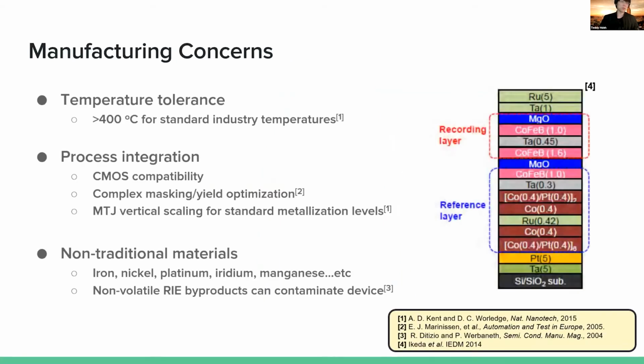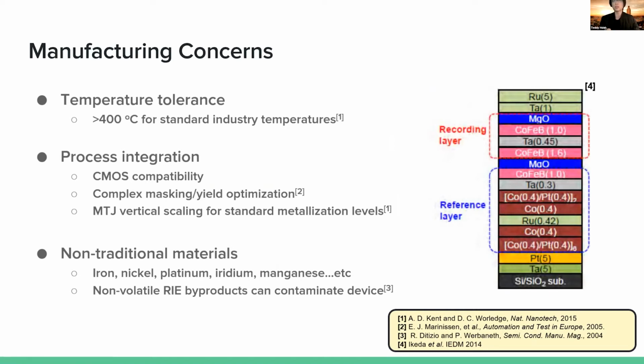And I want to move on a bit to the more practical manufacturing concerns. First, any MRAM process, if they want to be competitive in embedded space, needs to have a good temperature tolerance, just so you can actually make these chips with CMOS and other technologies. And here, the second point is actually one of the biggest challenges with embedded memory in general.